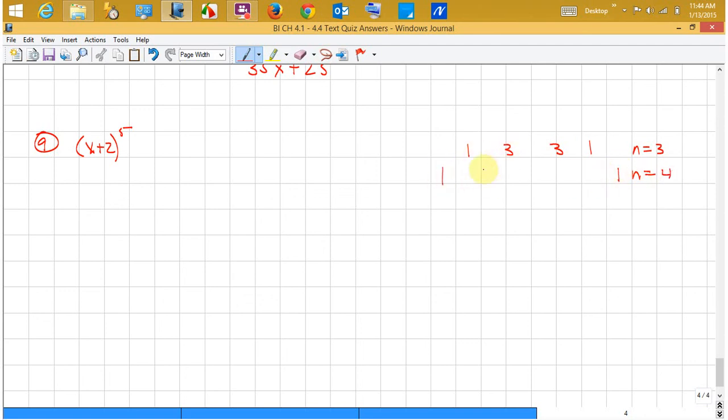This would be 1 plus 3 is 4. 1 plus 3 is 4 and a 6. And then finally for my n equals 5 row, I'm going to have a 1 way out here. 1 way out here. I have 1 plus 4 is 5. I have 4 plus 6 is 10. 6 plus 4 is 10. 4 plus 1 is 5. So this is my row right here.